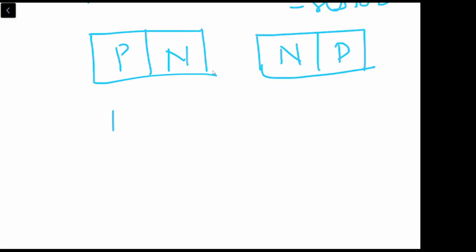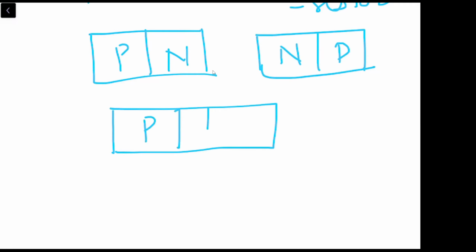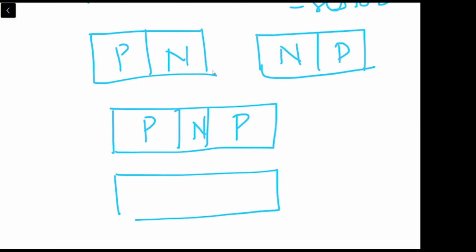Either we will have a combination like P, N and P, or the combination will be N, P and N. Are you with me? Yes, sir. Okay.